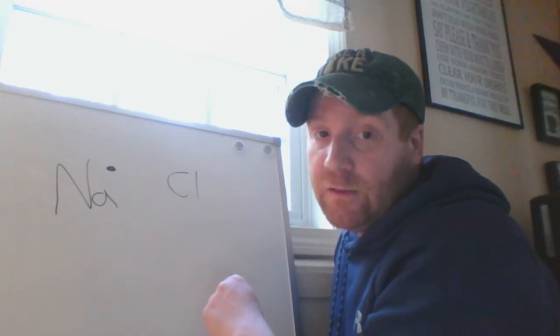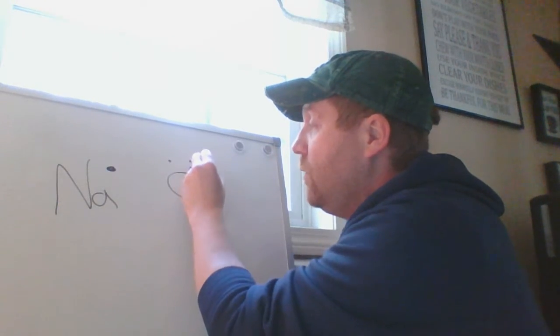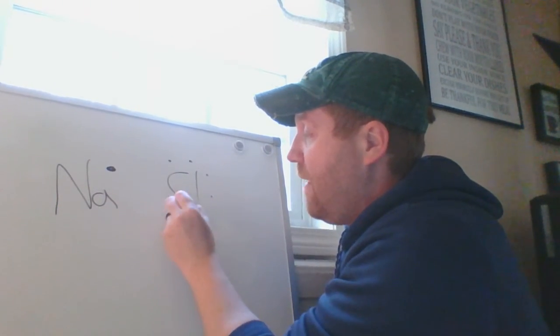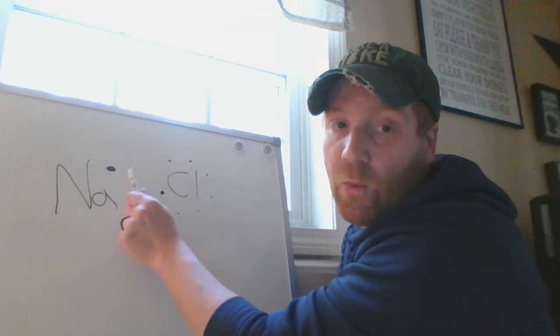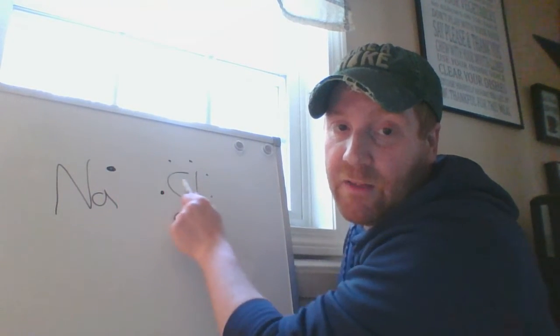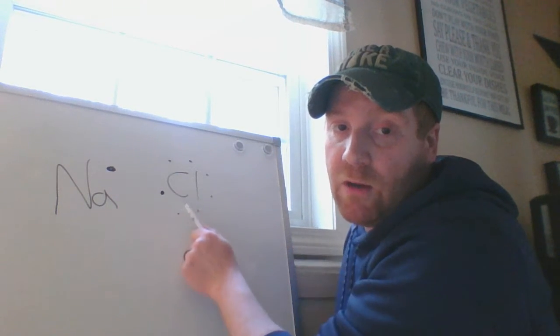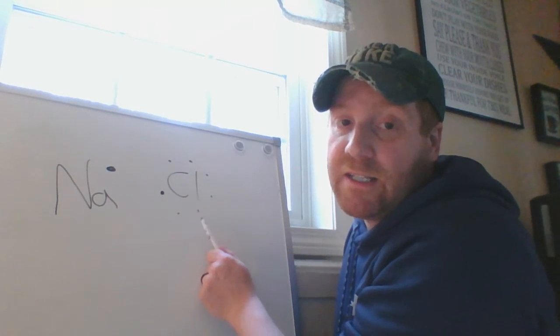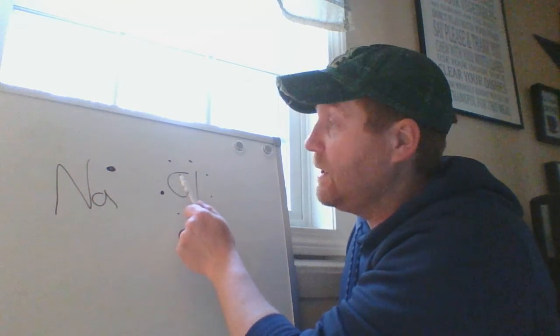Here's Cl. It's going to have, as I said, 1, 2, 3, 4, 5, 6, 7 valence electrons. Please don't worry that I made this electron much bigger than the others. Point is, sodium has 1 valence electron, chlorine has 7. This is looking to dump 1, this is looking to gain 1.